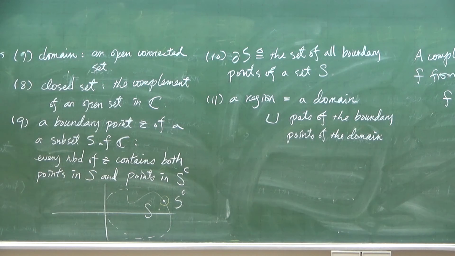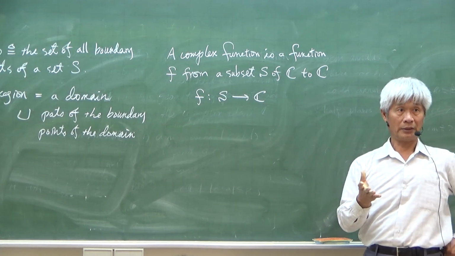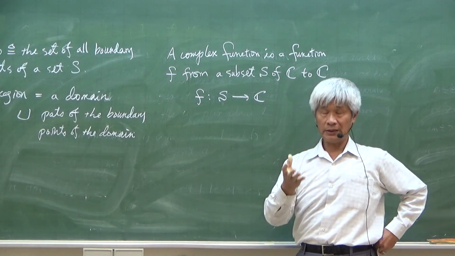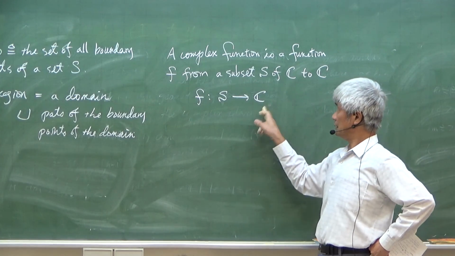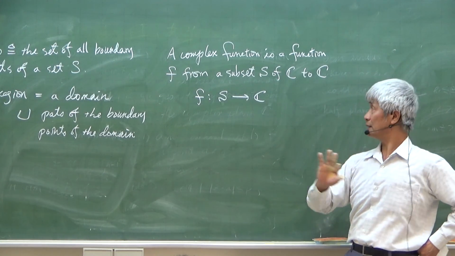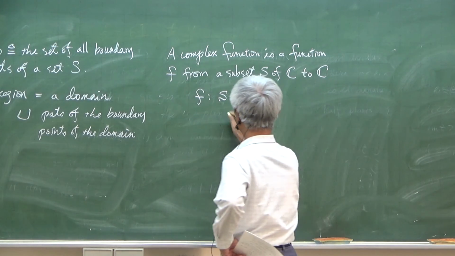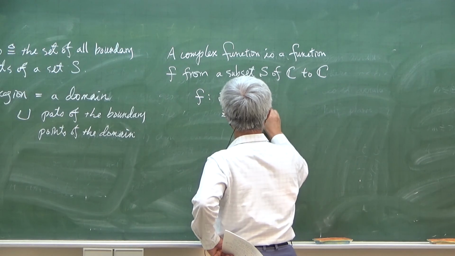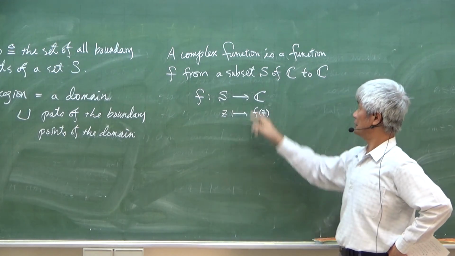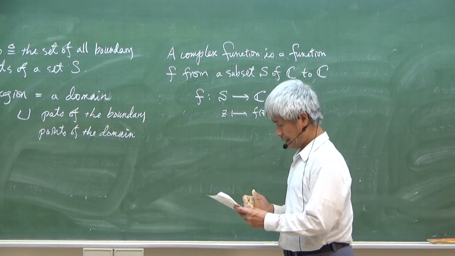It's called a complex function. It means that the domain is a subset of the complex plane, and the codomain is the complex plane itself. So the independent variable is a complex number, and the dependent variable is also a complex number. Complex to complex. So z goes to f(z). Such a function is called a complex function.